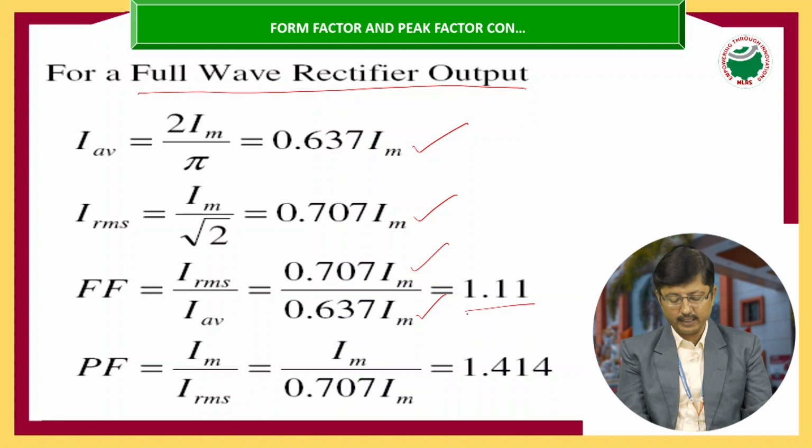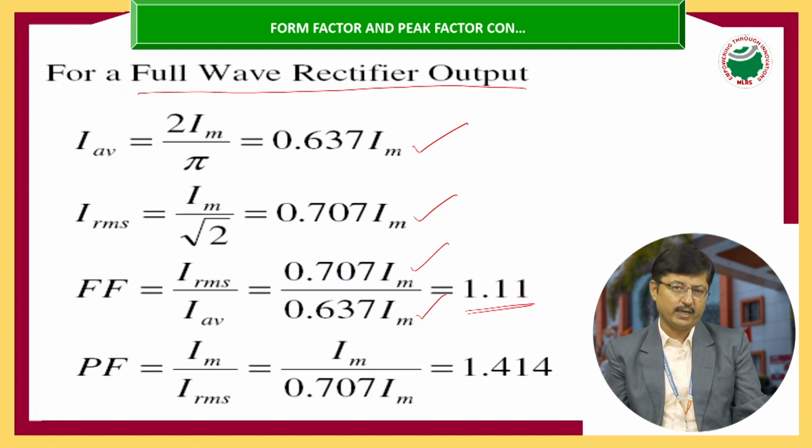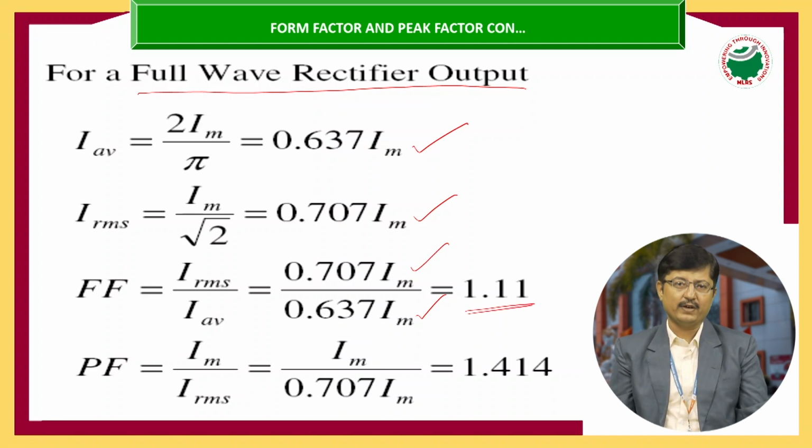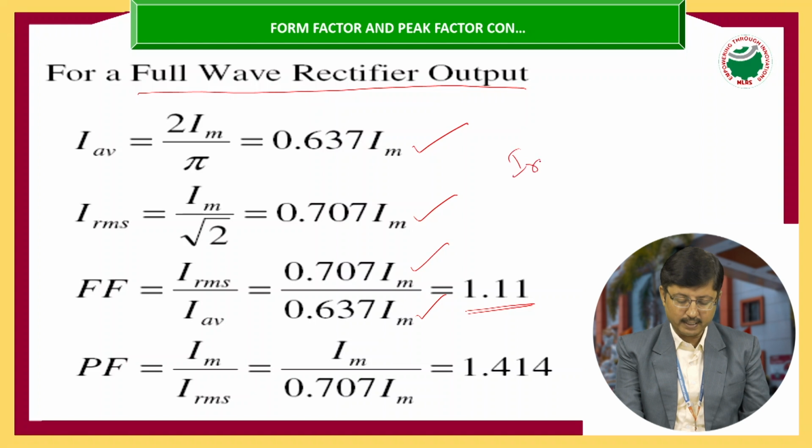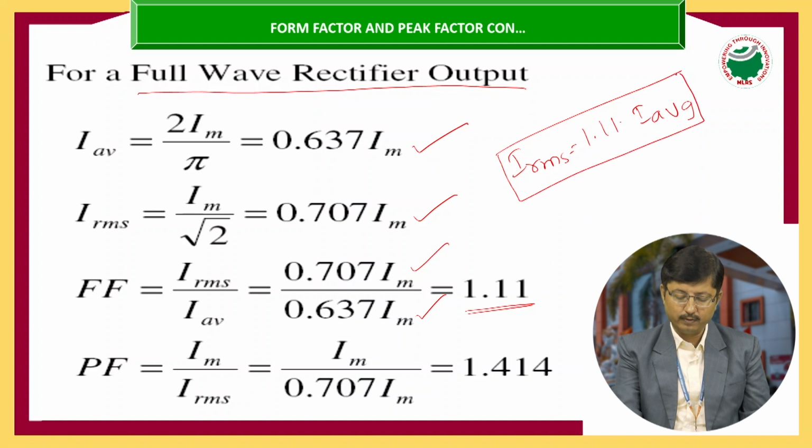Here also we are getting the same result, that is, form factor is equal to RMS by average value, which is 1.11. Similarly, IRMS is equal to 1.11 times I average, or VRMS is equal to 1.11 times V average.